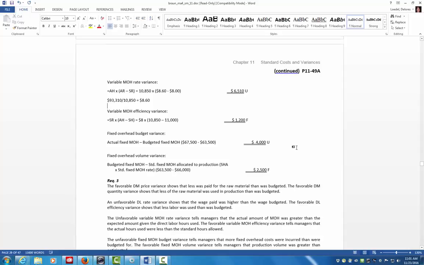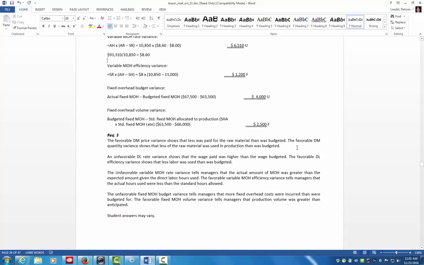The last two items are related to fixed overhead. With our fixed overhead budget variance, taking actual fixed manufacturing overhead minus the budgeted, the 67,500 minus the 63,500, we come up with an unfavorable variance of 4,000.